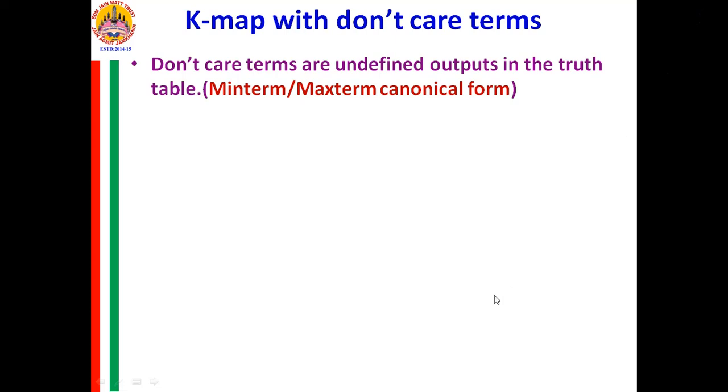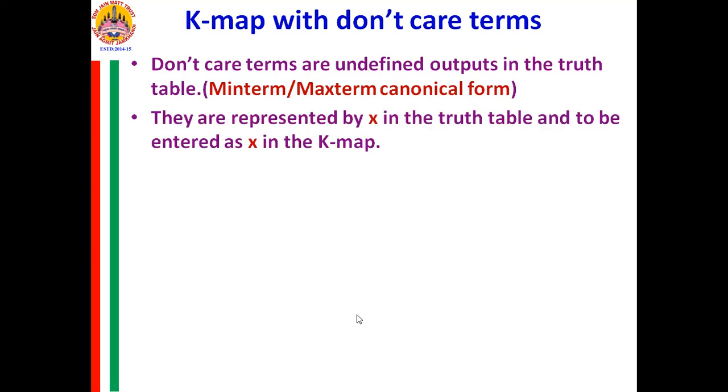Truth table entries represent the minterms or maxterms. So a Boolean expression may be expressed in terms of the minterm canonical formula or the maxterm canonical formula, with some don't cares in the truth table, the combination of inputs for some minterm or maxterm. At the output, you may get a variable like x or a cross.